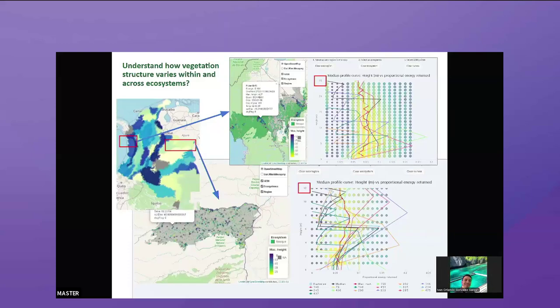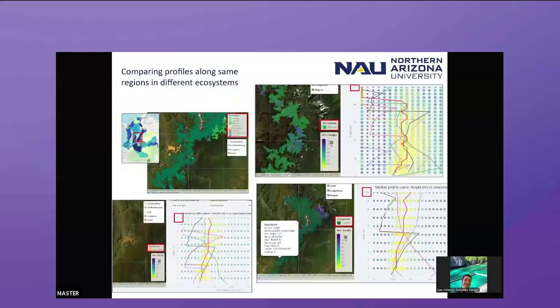Ecosystems, for example, we have savannas. Consider the maximum height is not 12 as in a forest, but 12. We can also explore more ecosystems within the forest. In this case, isolated, and here you can see the different ecosystems in this.